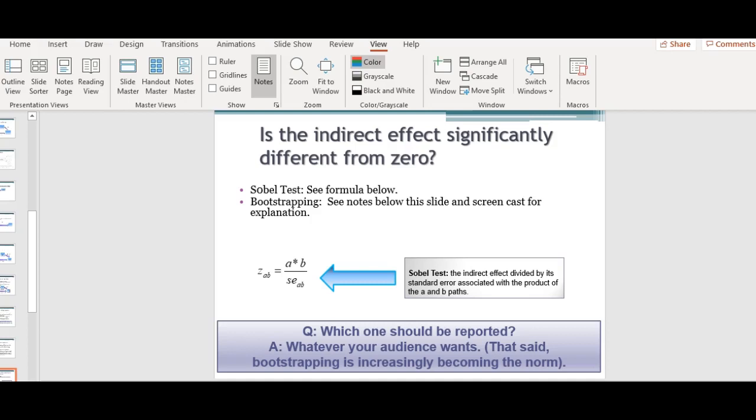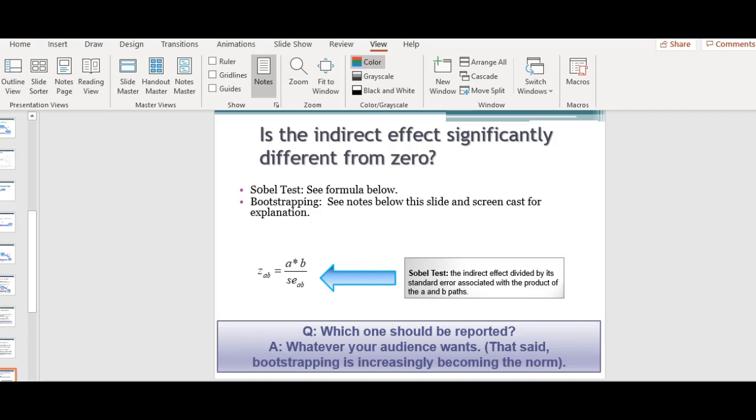But basically what bootstrapping does is it takes all your data, where you have this mediation you're proposing, and creates a huge population from your data set. That population has very specific attributes: it has the same mu's and the same sigmas as your original sample. That creates a huge pool to sample and resample from.